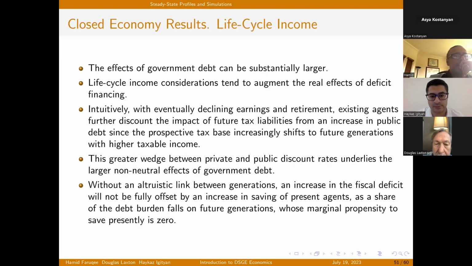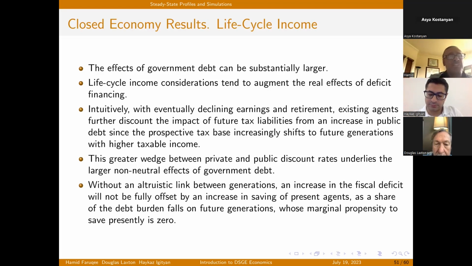So that was the results with the dynastic case, and now you're going to see something quite different. When you move to a very different interpretation of the model, to thinking about overlapping agents as individuals with life cycle features, these income profiles that I mentioned, you could actually get some significant real effects from changes in government debt.